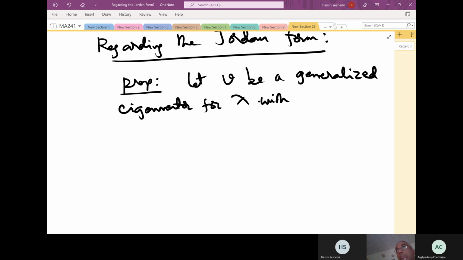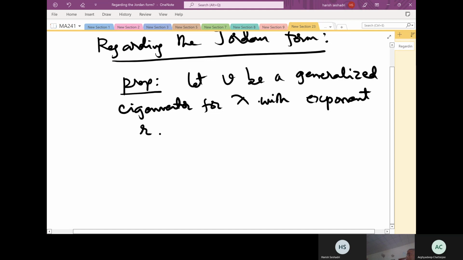No, we didn't give it a name. We had the multiplicity of lambda, but the power which will make (A minus lambda I) to some power times v equal 0, that was not given any name. Let's just call it exponent r. We know that this exponent is by definition less than or equal to the multiplicity of lambda for sure. So (A minus lambda I) to the power r acting on v is 0, but any lesser power is not 0.